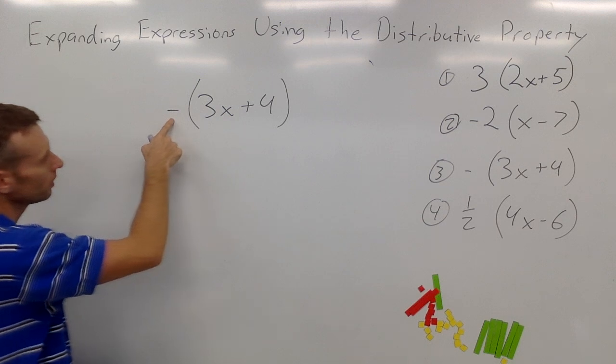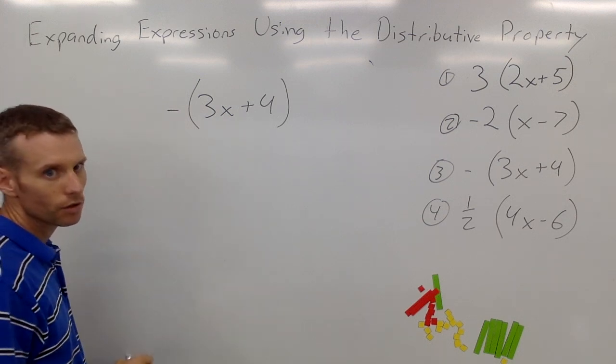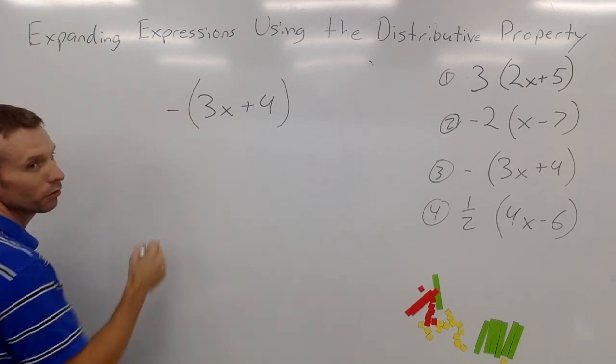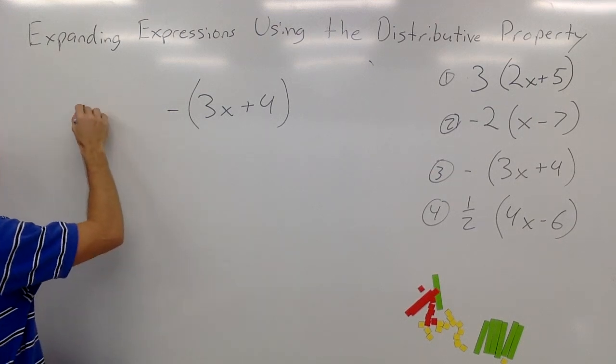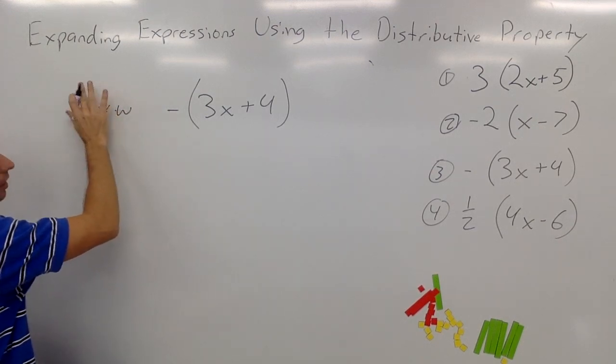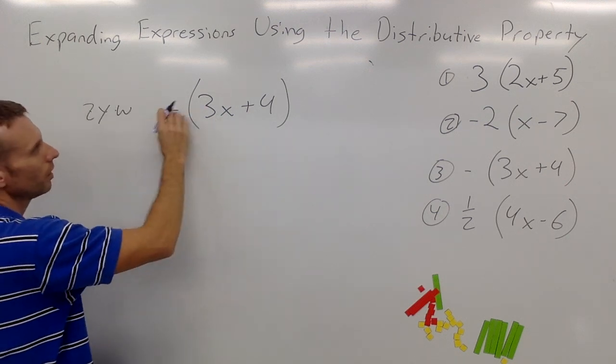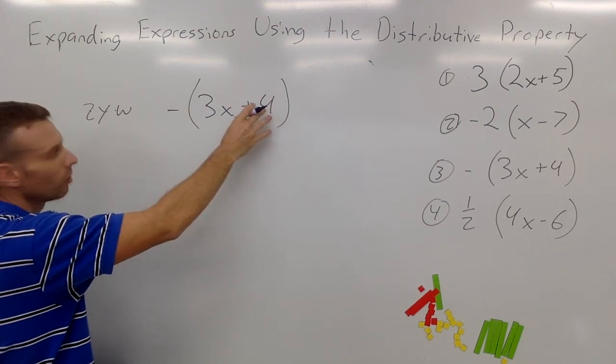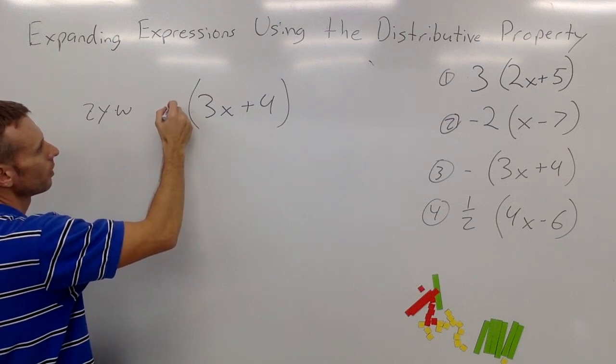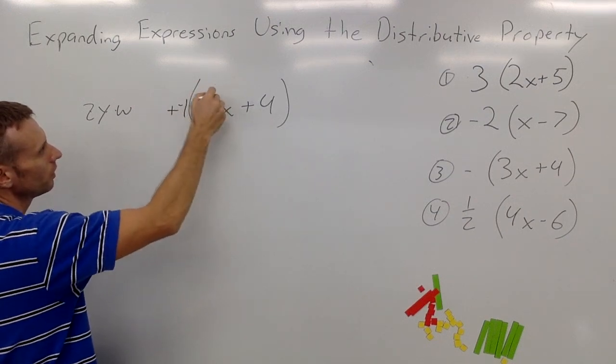But this negative, we assume that's basically like a negative 1. Whatever this is, minus 3x and minus 4, another way of looking at it is plus negative 1 times this.